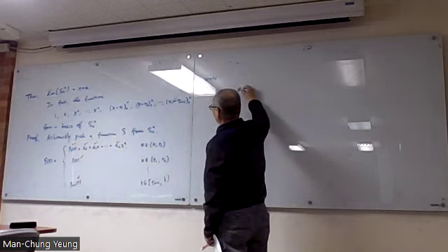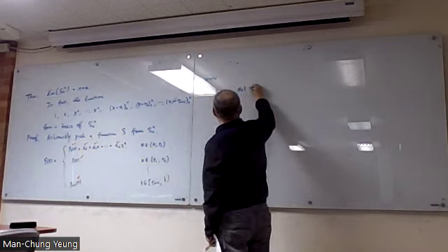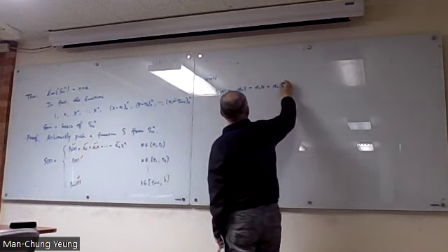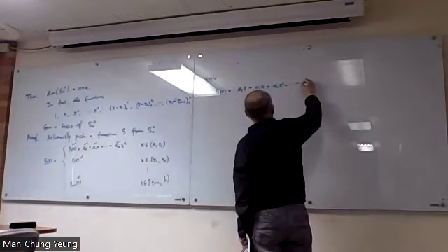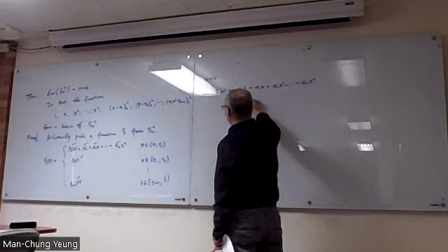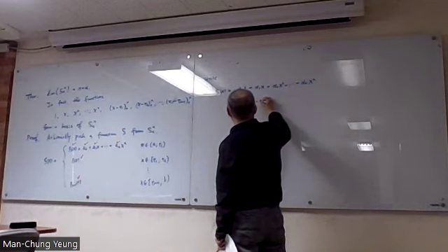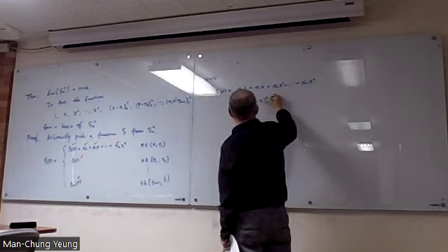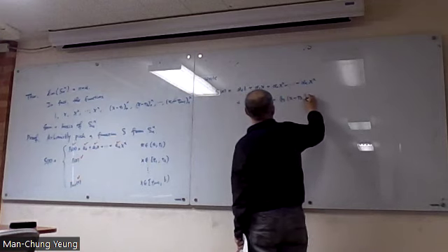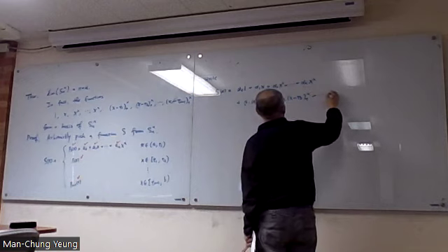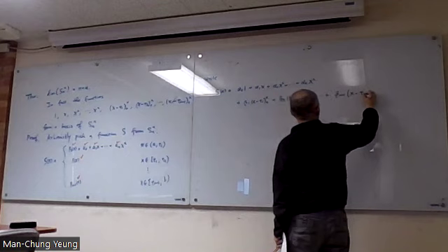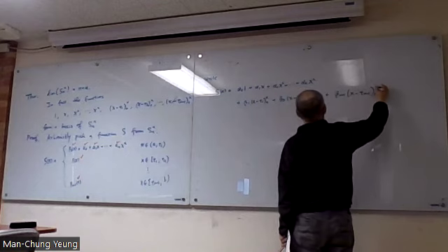Alpha 0 times 1, alpha 1 times x, alpha 2 times x squared, up to alpha k x^k, plus beta 1 (x minus t1) truncated k, beta 2 (x minus t2) truncated k, up to beta n minus 1 (x minus t n minus 1) truncated k.